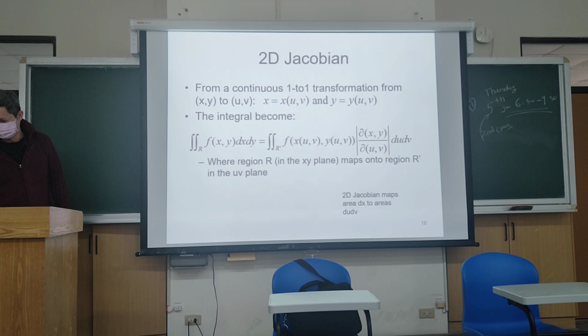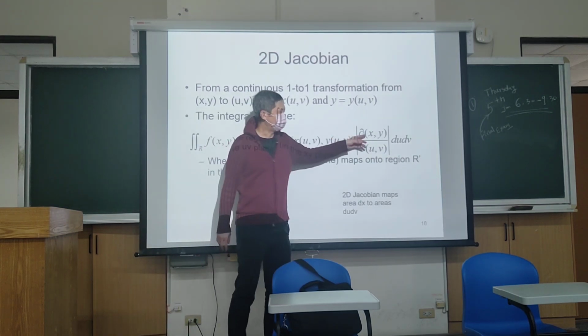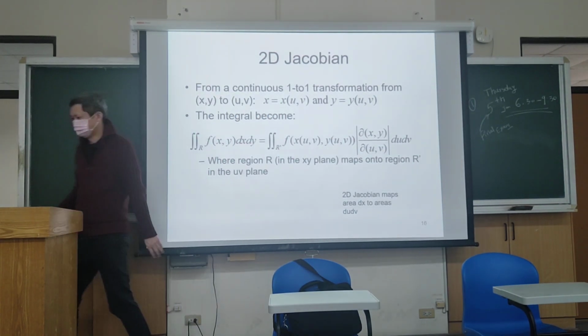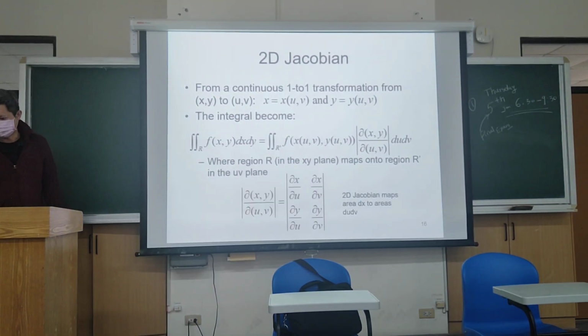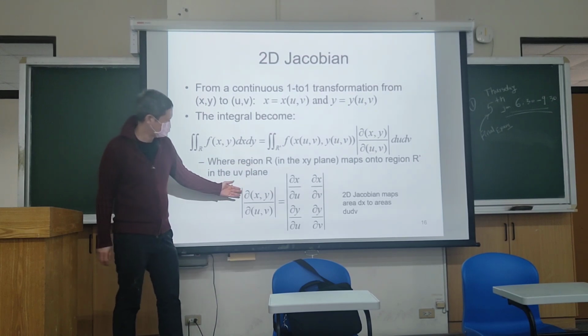Okay? 所以刚才讲的是一维的，二维的 Jacobian 怎么取呢？二维的 Jacobian 你就要拿一个行列式来取。How do you do the 2D transformation from xy to uv?